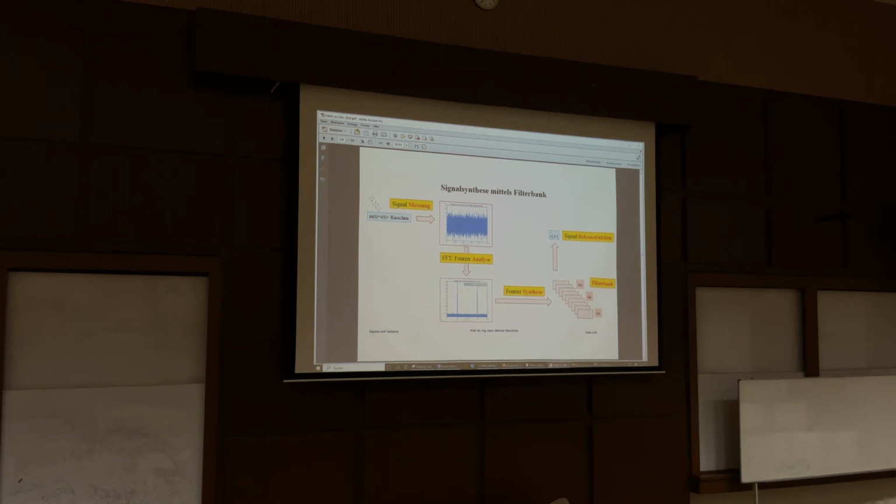So imagine you have a signal which is unknown, that is transmitted. You receive a signal, and this signal will contain some information, but you do not know which information, so you have to detect or analyze the system.